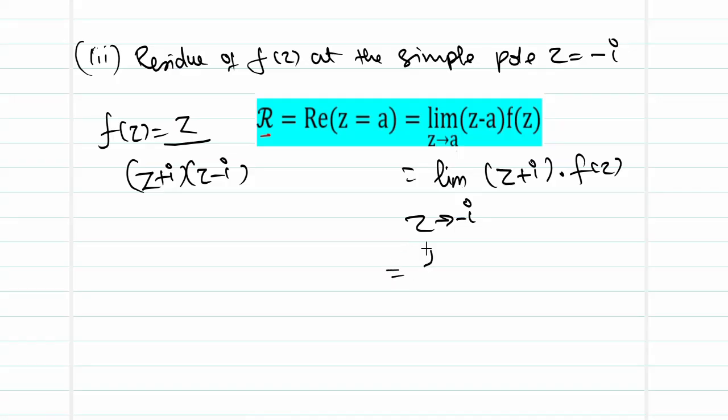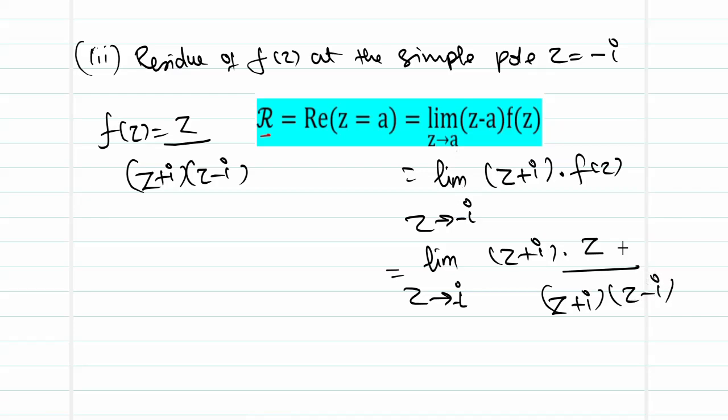Now copy paste your f of z: limit z tending to minus i, z plus i into z divided by z plus i into z minus i. Now the point at which we estimate the pole will automatically be cancelled off, leaving you with a substitution only for the remaining point. Now you can substitute z equal to minus i for all the occurrences of z in the given function.